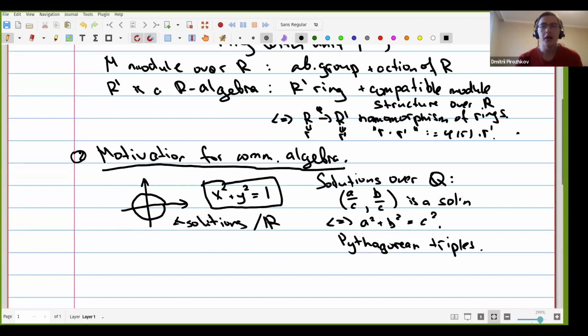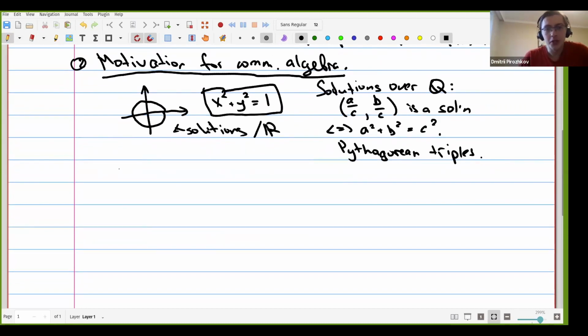And this perhaps illustrates the idea that sometimes having a single equation and studying its solutions over different fields, over a field of rational numbers, over a field of real numbers, maybe also complex solutions, is a useful thing to do if you want to apply it in several different contexts.